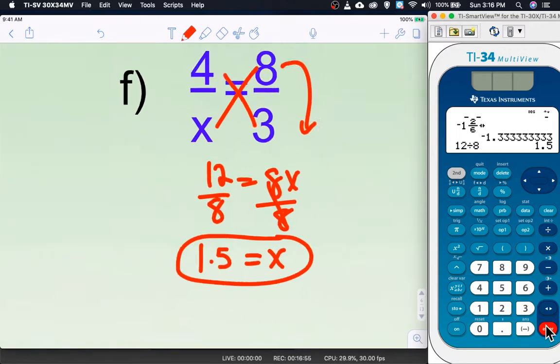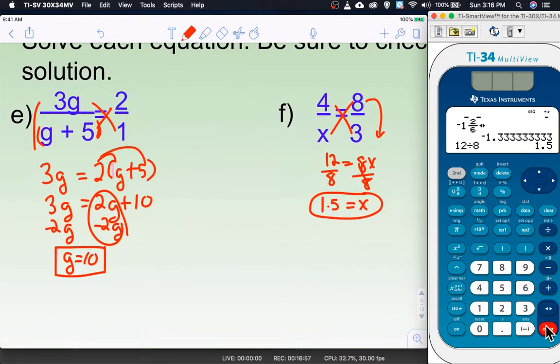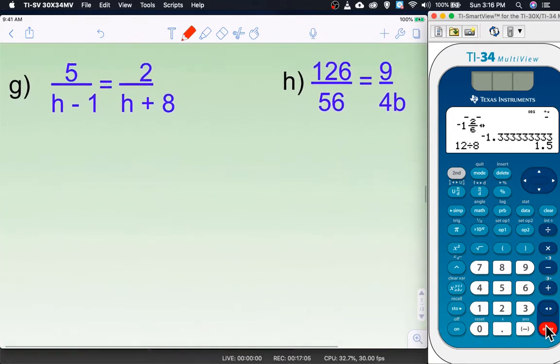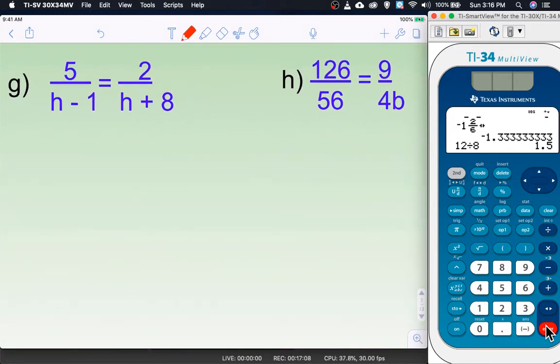And we're done. So those two were fairly easy. Letter F was much simpler, much less work. But they're going to be getting progressively bigger, uglier, harder as we go. So here are the next two. Please pause the video, try these two on your own. When you're ready to continue, hit play, and we will go through them together.